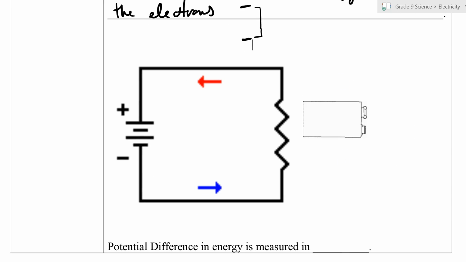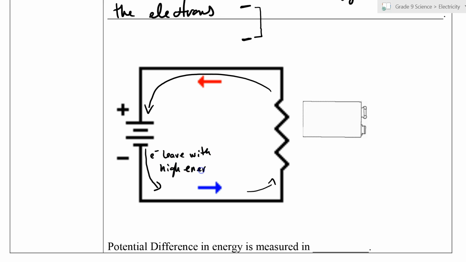So if I were to look at this schematic right here, electrons flow from the negative and they go around the circuit, they go through the resistor, they use up their energy, and they enter back into the battery. Well, the electrons leave with high energy, and the electrons enter back into the positive side of the battery at low energy.